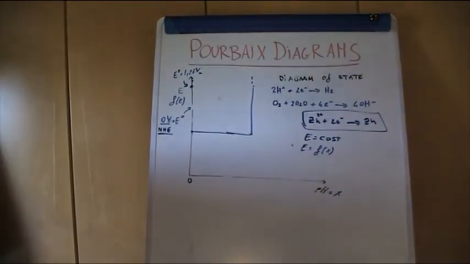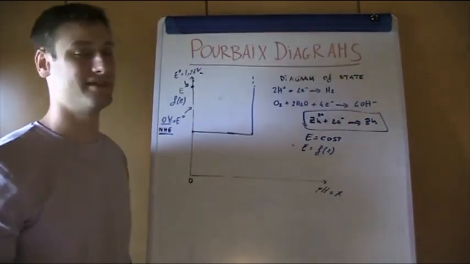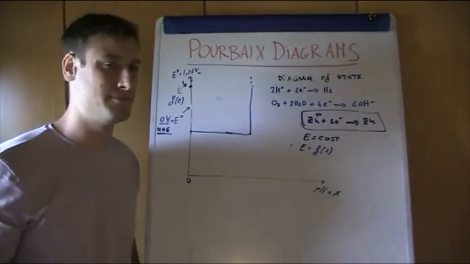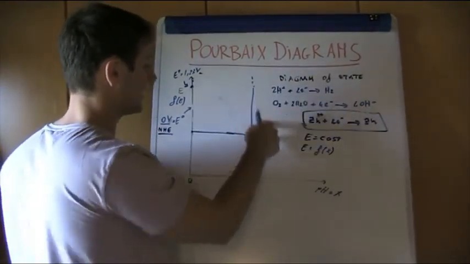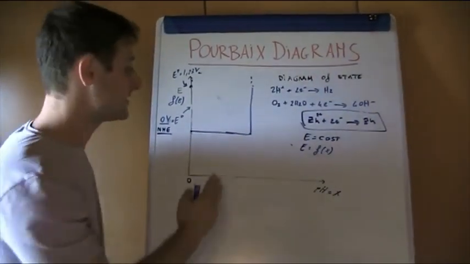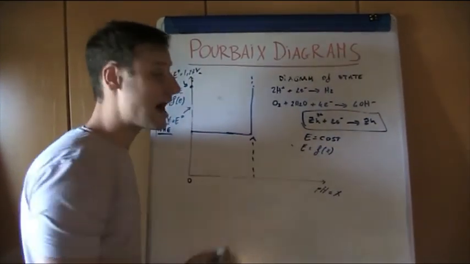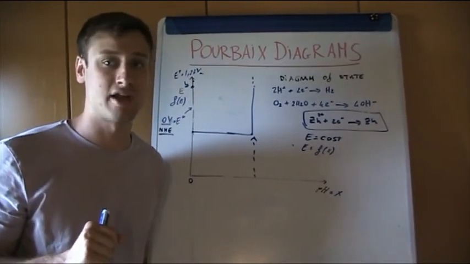What does it mean? Lines in which the pH is independent of the potential. What is the meaning of this? If we are dealing with a vertical line, this means that at this pH condition we have a proton exchange reaction, not a redox reaction.